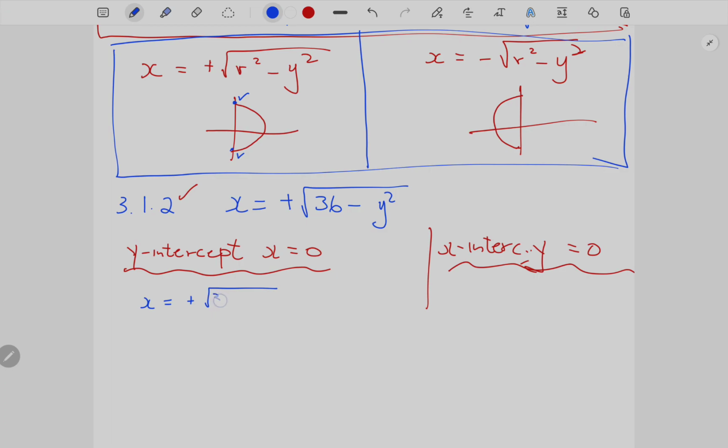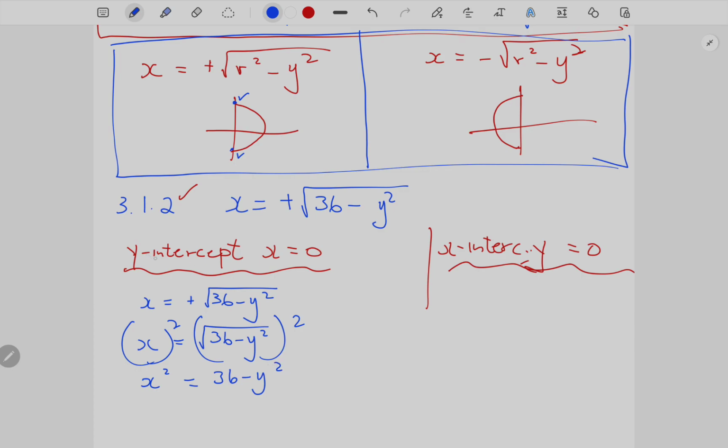We can say x is equal to square root of 36 minus y squared. If you want to remove the square root, you square both sides. So x squared is equal to 36 minus y squared.